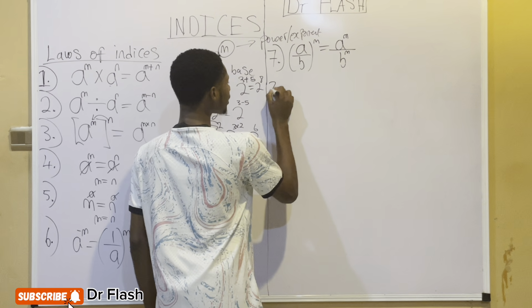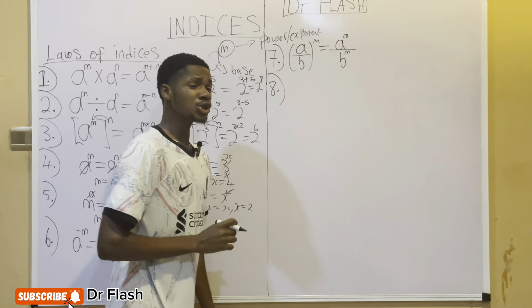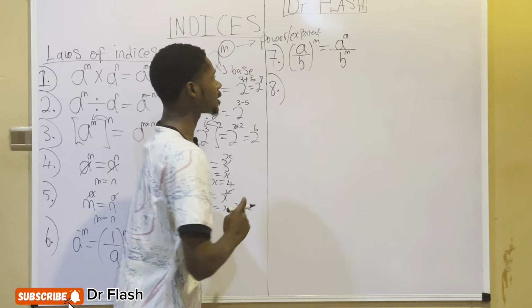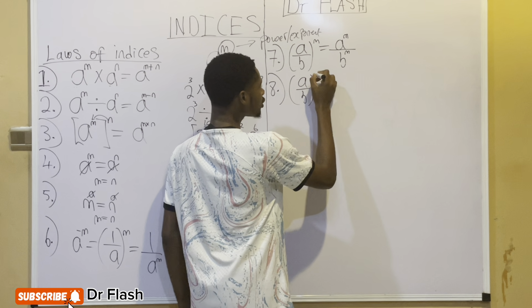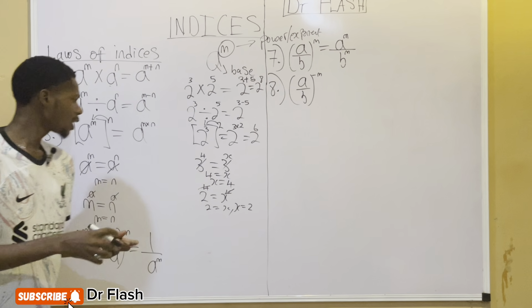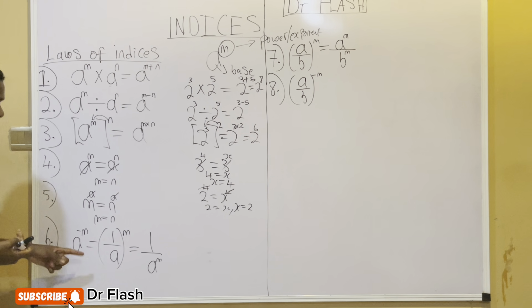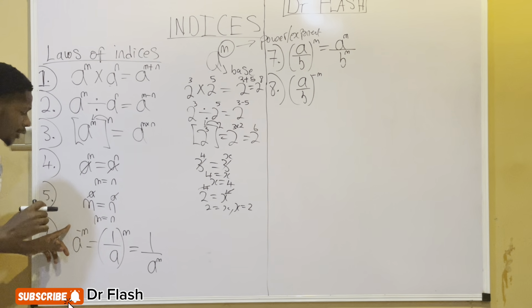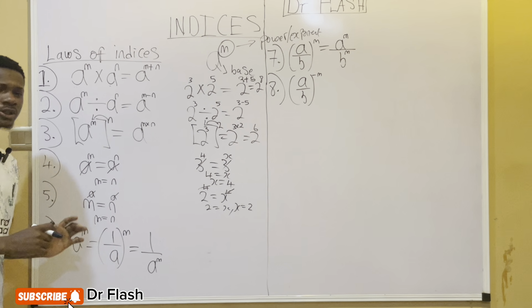Now, let us take law 8. For law 8, it will still be this case, but we are going to be having a negative exponent again. So we are having a over b in brackets all raised to the power of minus m. First things first, we are going to look at this law that has a negative exponent or power. You notice that when we are having a negative exponent, what we simply did was to take the reciprocal of the number and then throw out the negative sign.